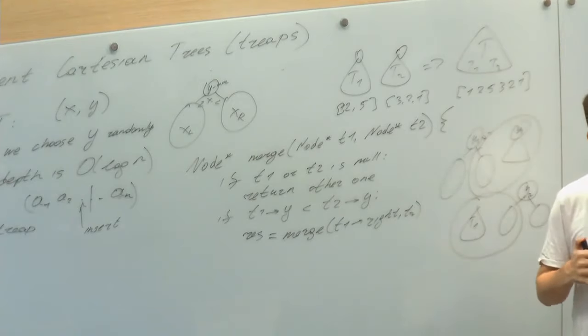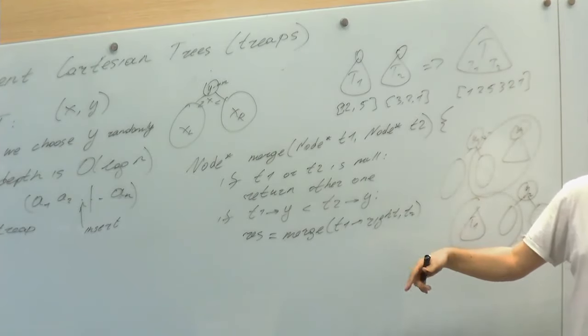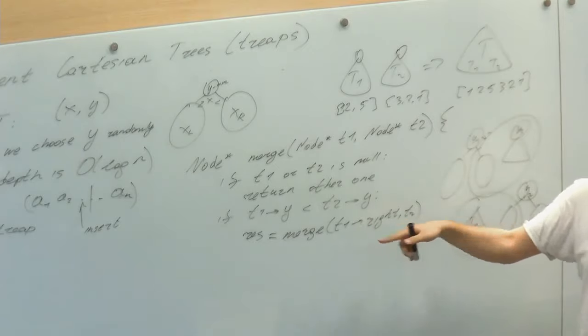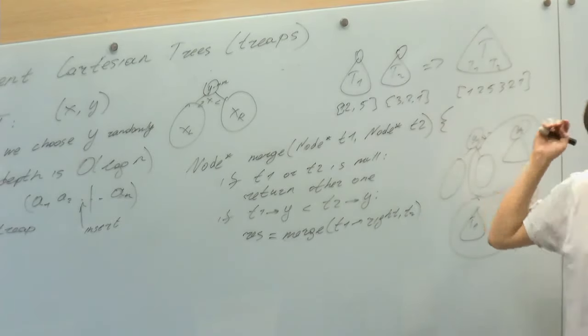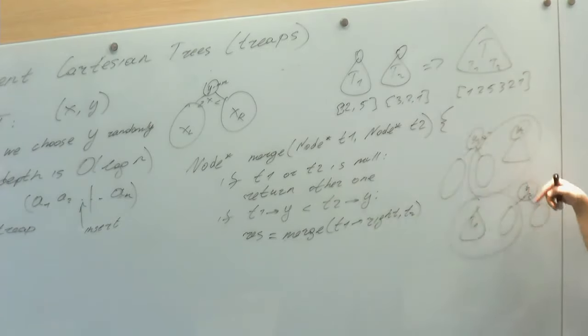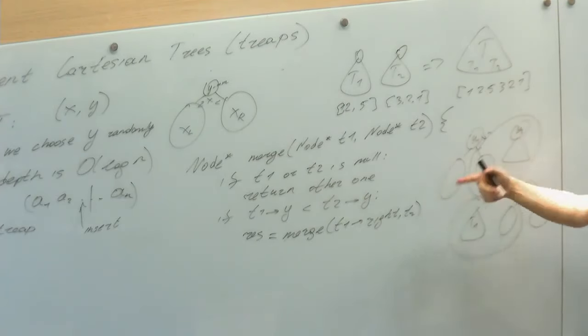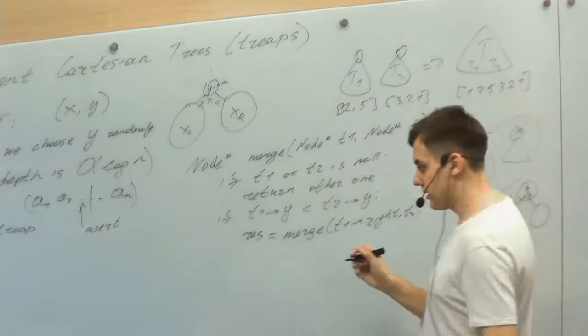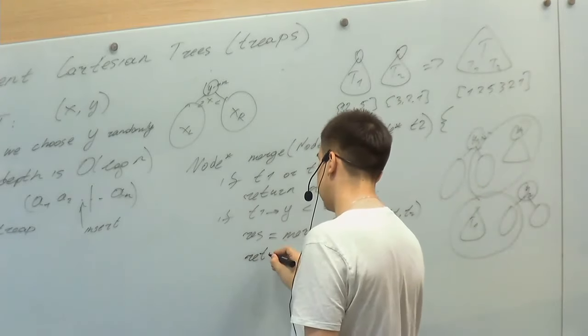Instead, we create a new node where the left child is the same as the left child of T1, so the same one that was there before, and the right child is the result of this merge. So I return the new node.